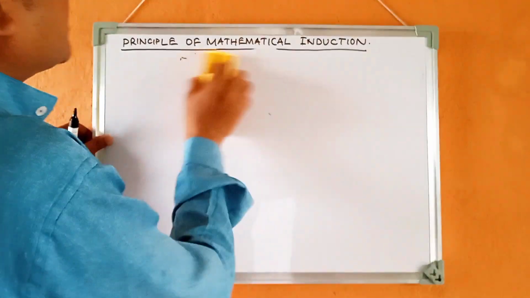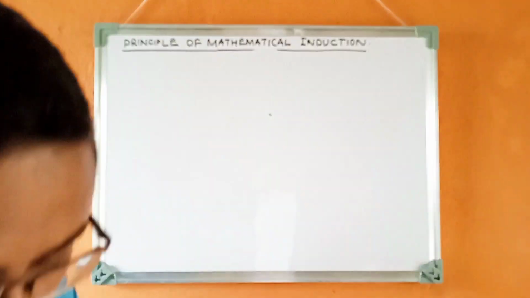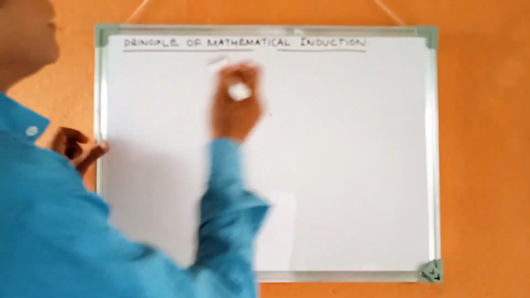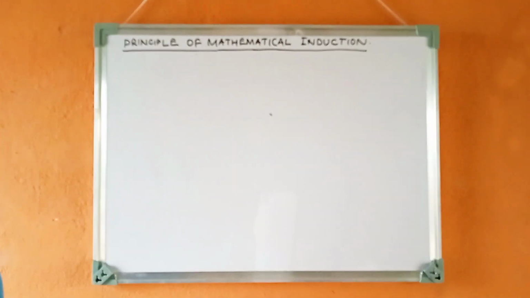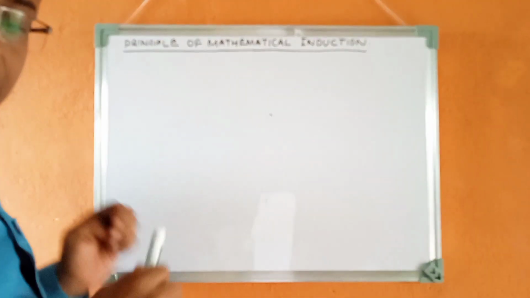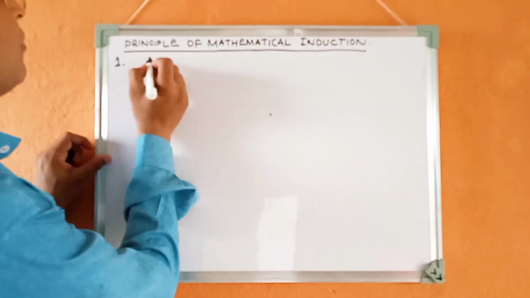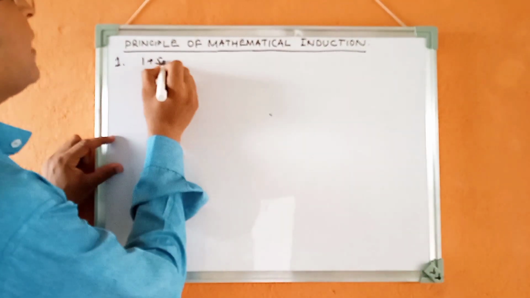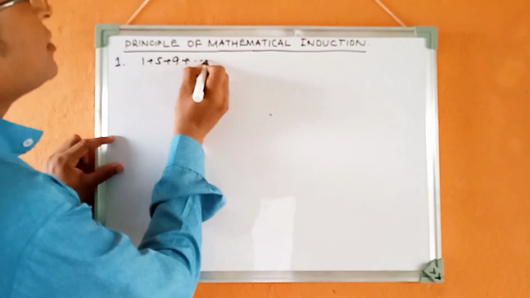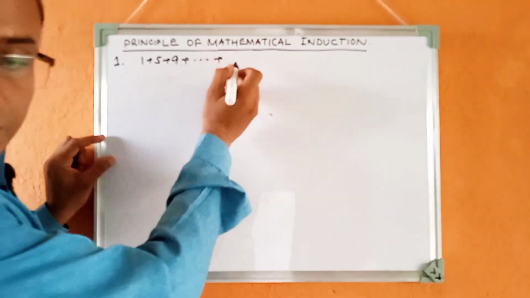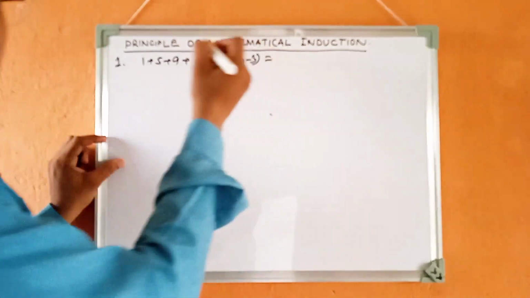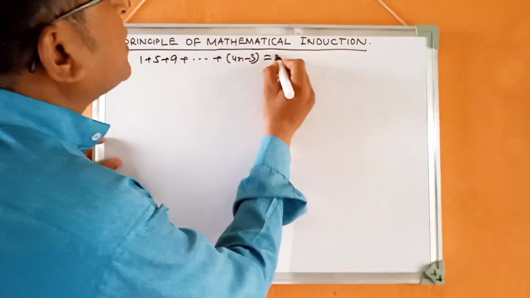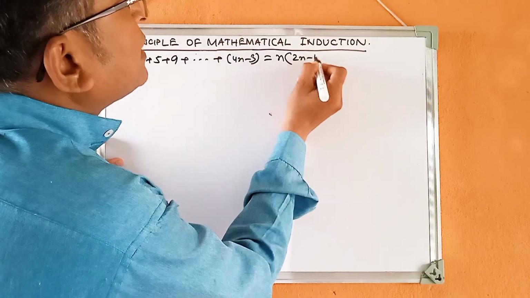Now come to the example. In the first example, prove by mathematical induction that 1 plus 5 plus 9 plus dot dot dot plus the last term 4n minus 3 is equal to n into 2n minus 1.